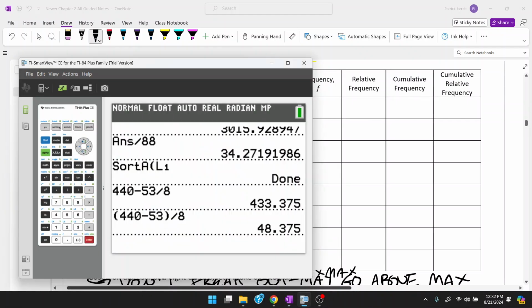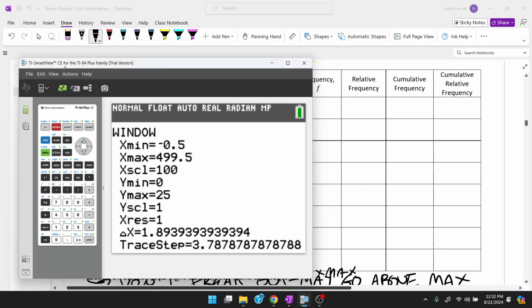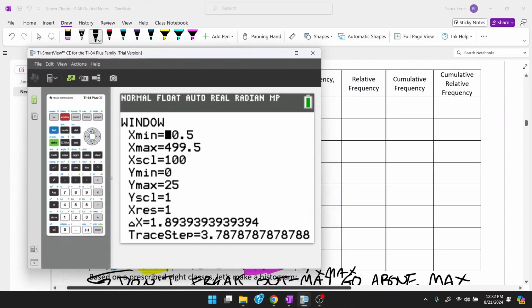So, here's what happens. 52.5 and 444.5. But what do we want to put in for our scale? 49. Now, the Y-min should always be 0.